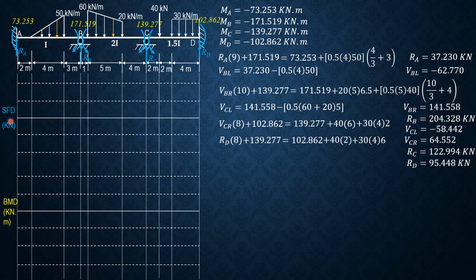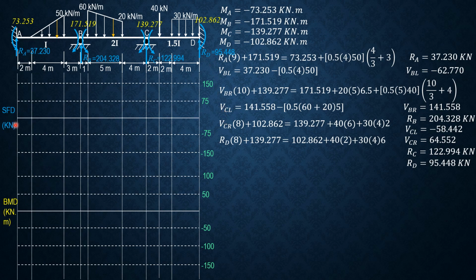So first we have RA upward, which is 37.23. Let's have 75 for the shear per graduation, and for moment by 50s. So RA is 37.23, RB is 204.328, R sub C is 122.994, RD is 95.448.